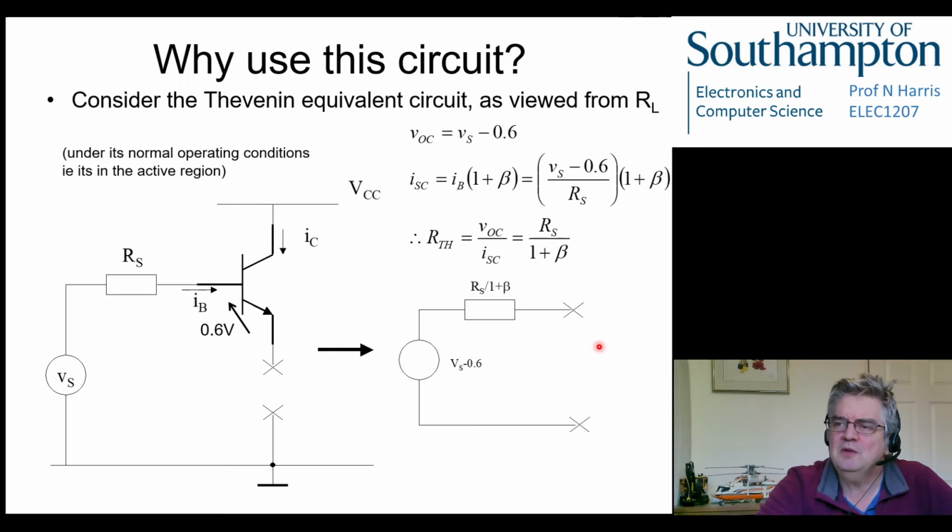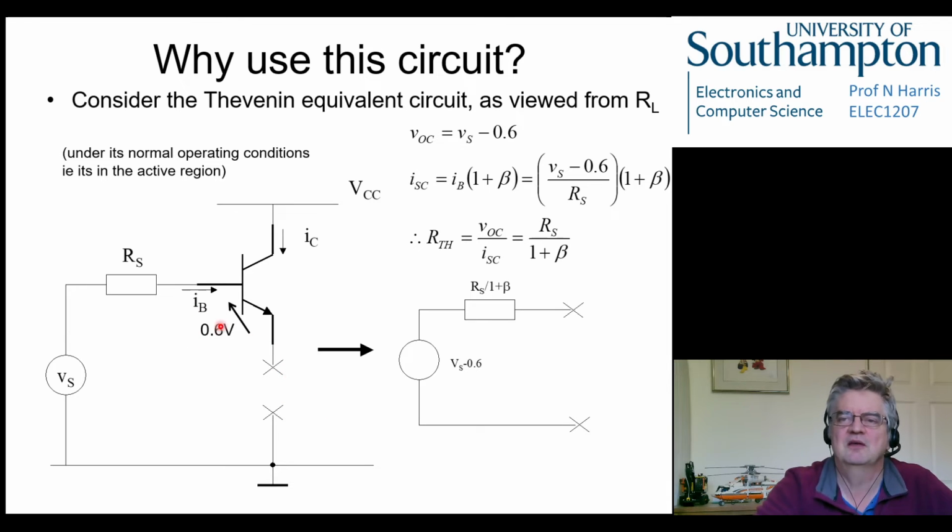That means that if we're looking into here, we see a very small resistance. We see RS divided by (1 plus beta), and 1 plus beta is a big number. Yeah, beta we know is a big number for a good transistor. So what we can see looking into here is a very, very small resistance. So we've made an impedance transformation from what's really here.